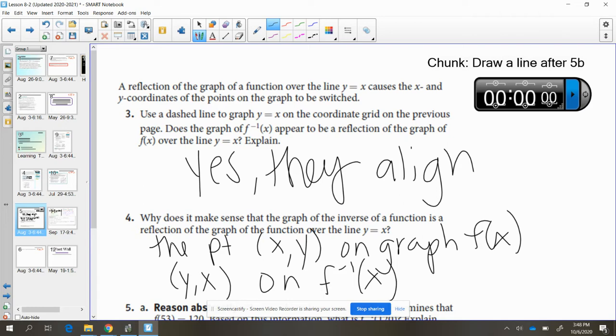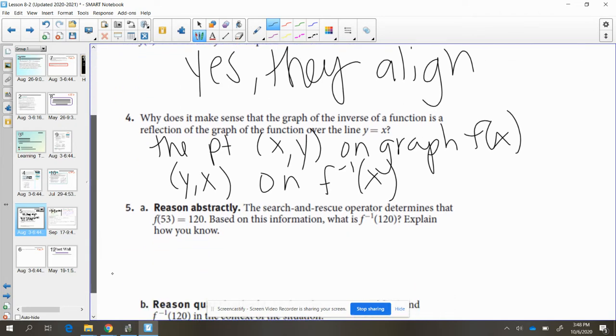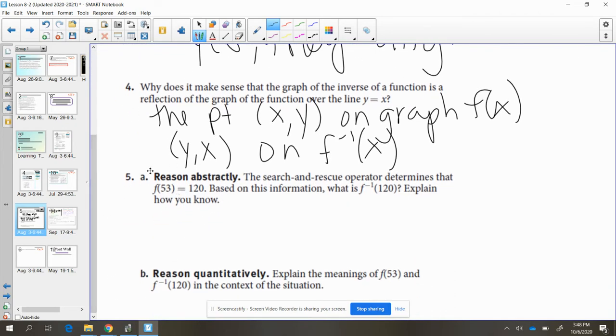Okay, so again, if, for instance, at 53 minutes you're traveling 120 miles, what we know instead is that f inverse of 120 would have to be 53, because they flip their points since they're inverses of one another, right?